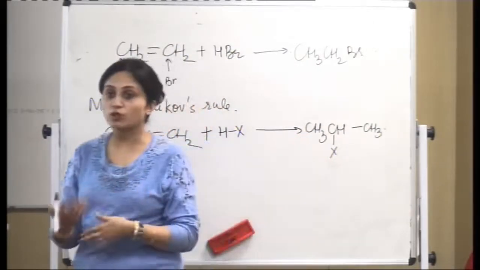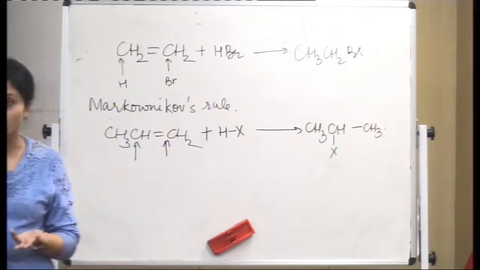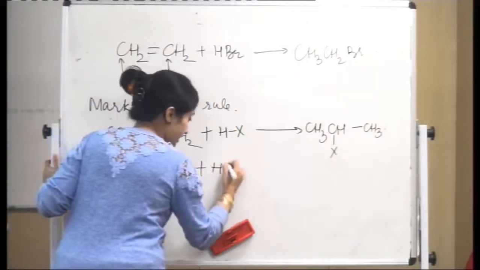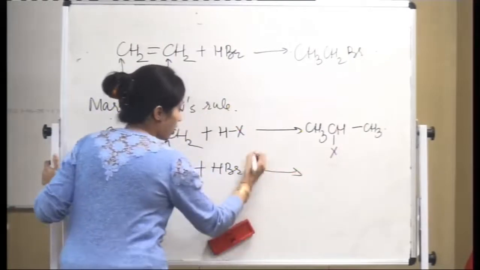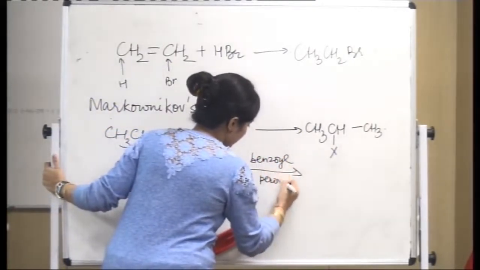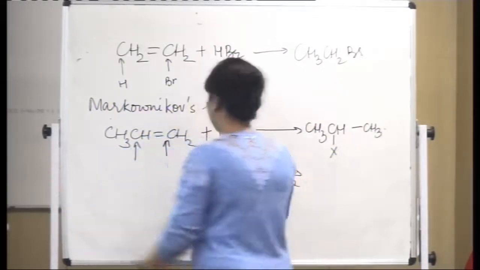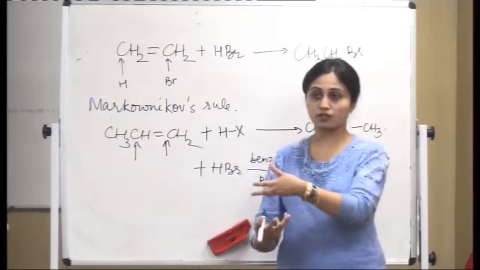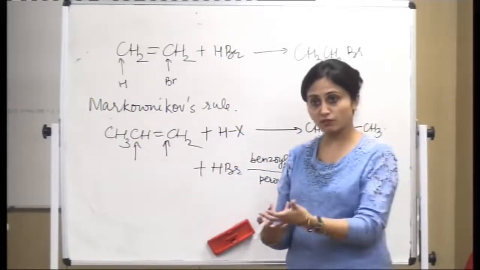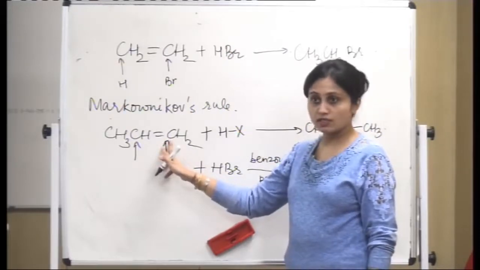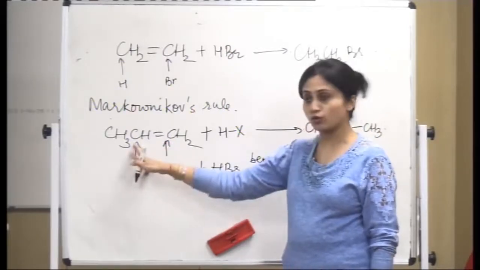And sometimes you talk about anti-Markovnikov's rule also. That is when hydrogen bromide is added in the presence of peroxide, like for example benzoyl peroxide. Then the rule becomes reverse, just the opposite of what we've talked about. Hydrogen should ideally go to CH2, but now hydrogen goes to CH.